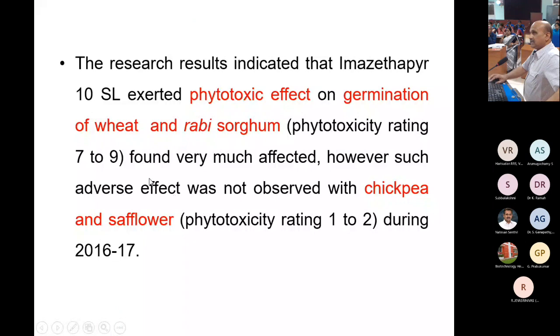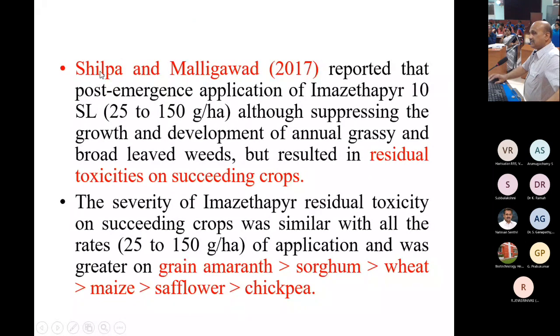In a similar line, Shilpa, one more PhD student from our university, worked under the guidance of Dr. Maligwad, and she also reported similar findings. They also screened different crops. Grain amaranth susceptibility was highest, followed by sorghum, wheat, maize, safflower, and chickpea least.